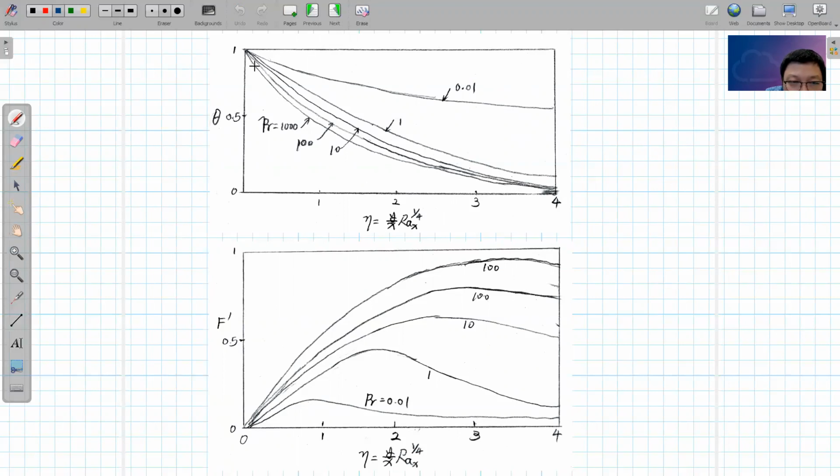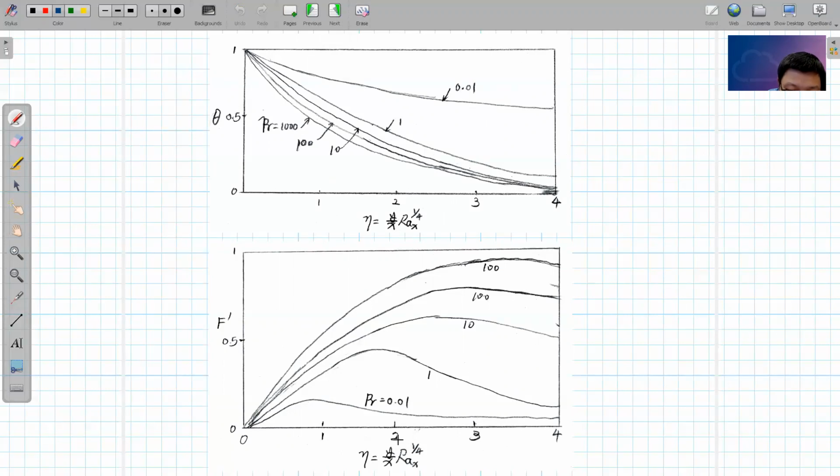This is the temperature profile in the boundary layer for different Prandtl numbers. When the Prandtl number becomes small, you have a much larger thermal boundary layer thickness.